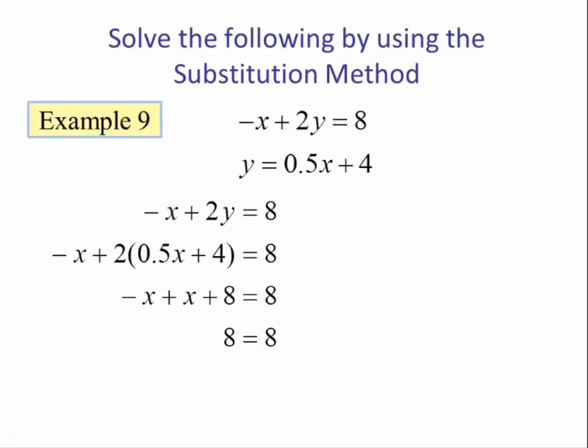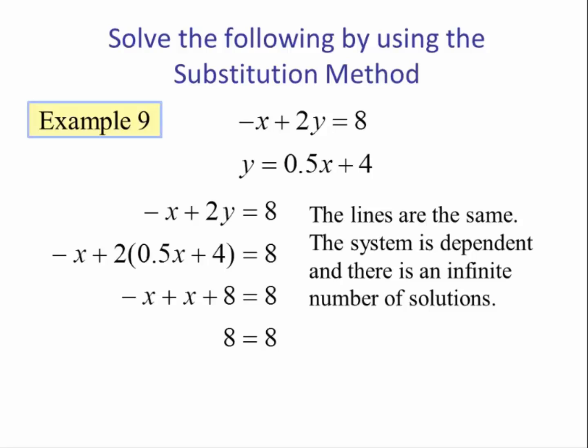That's a true statement. And when that happens, we know that the system is dependent. There's an infinite number of solutions because the two lines are the same line. Now, one way of writing a solution, and you'll see this in some algebra books, is they would write (x, y) such that, and then they give the equation.